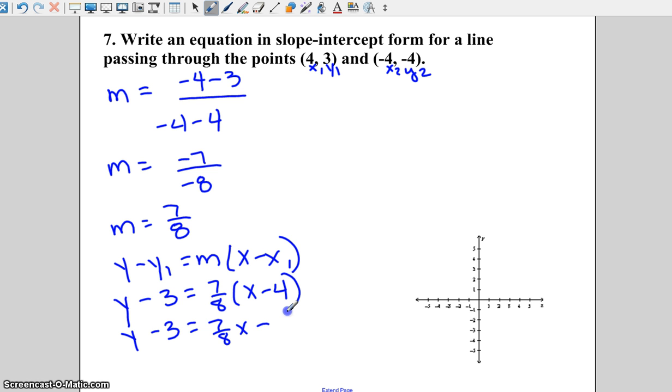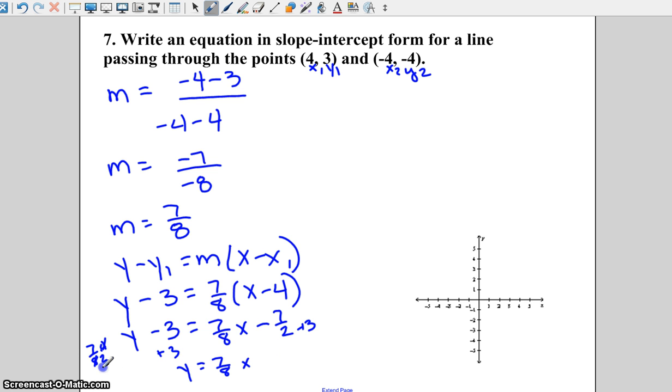And then 7/8 times 4, do this out here. That's going to simplify so that you have 7 over 2. Then we're going to add the 3. And y is equal to 7/8 x.